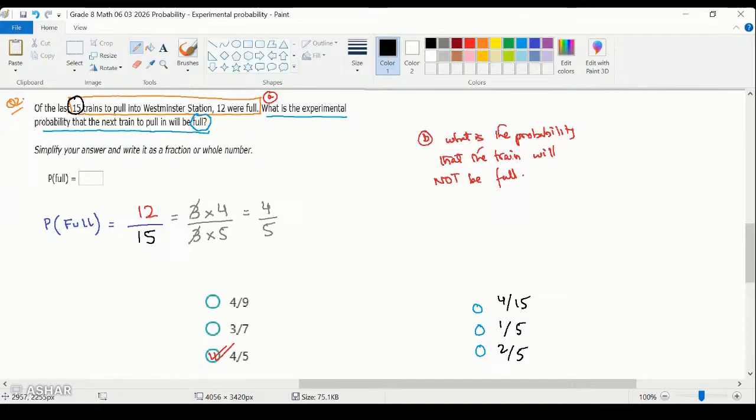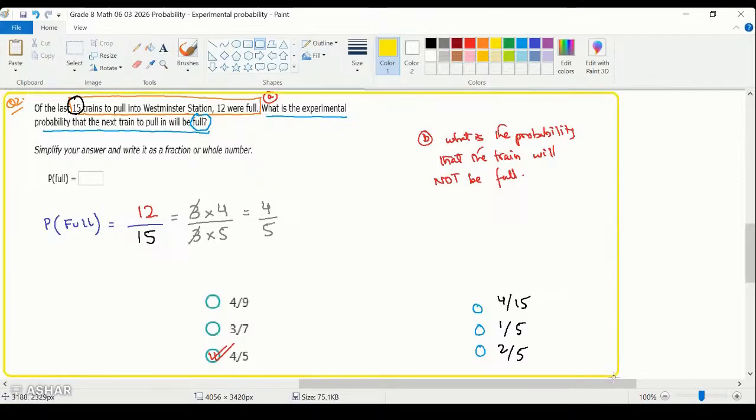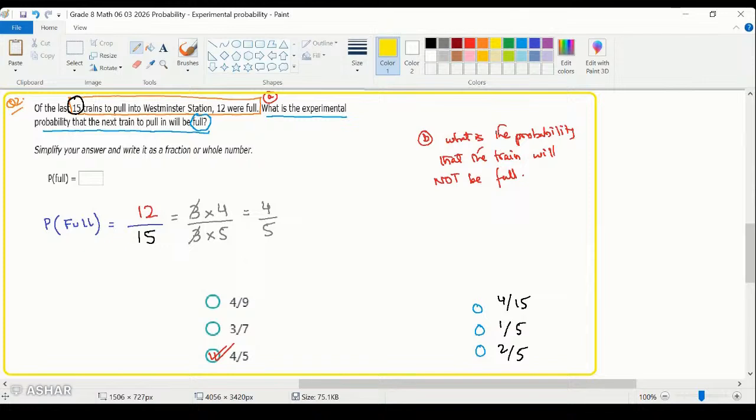Same question. I'm continuing with the same question, and we are trying to find another value in the same question. What is the probability that the train will not be full? If 12 trains were full, then how many trains were not full?